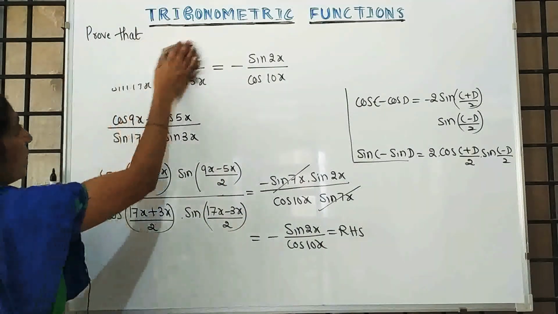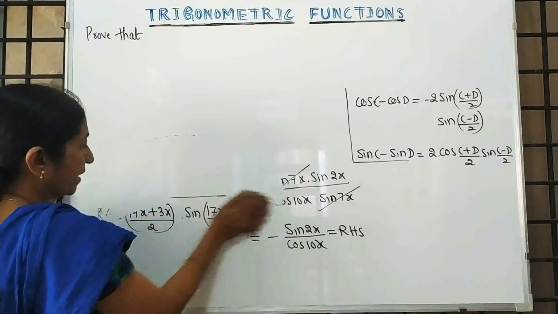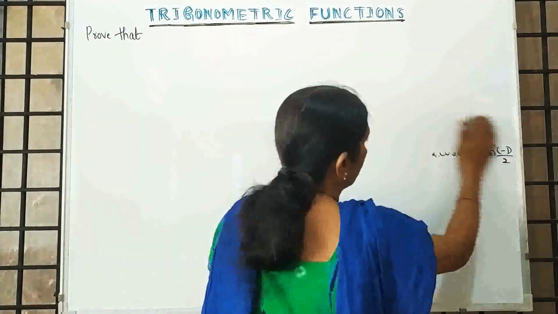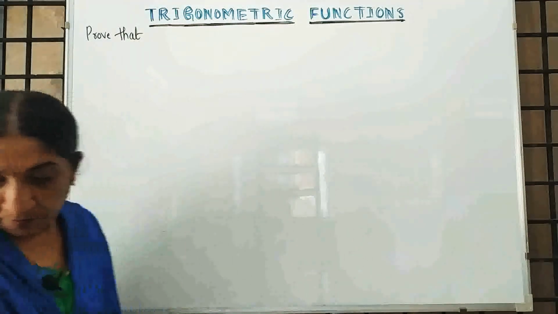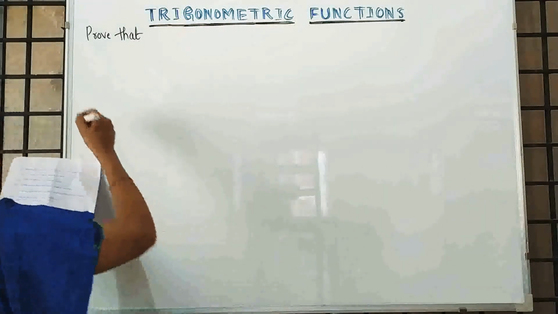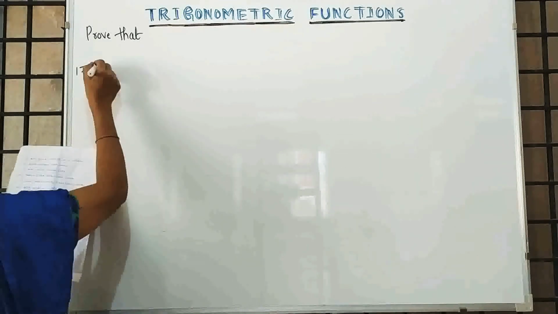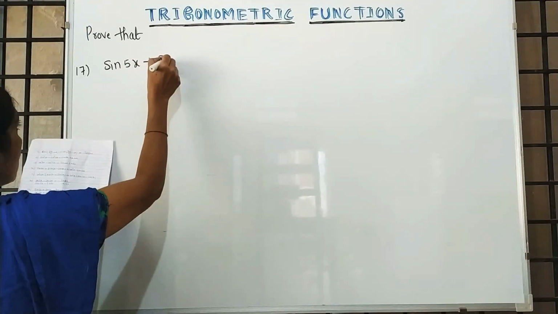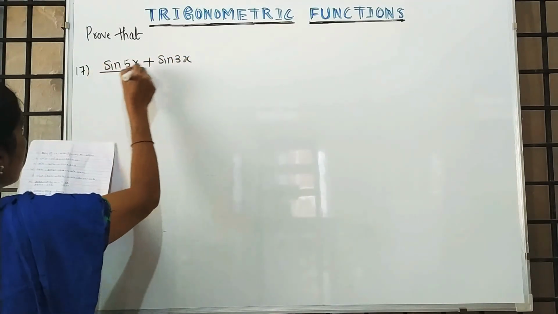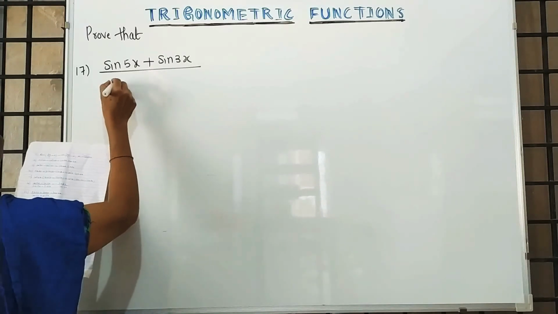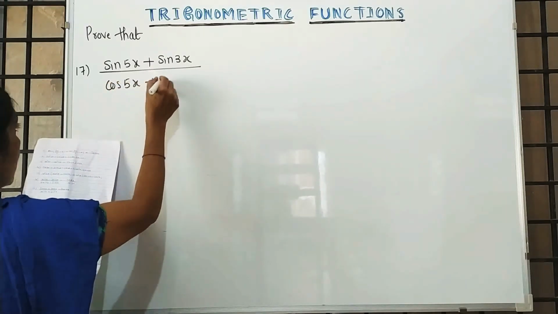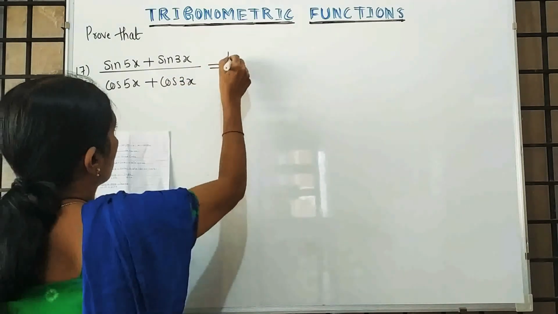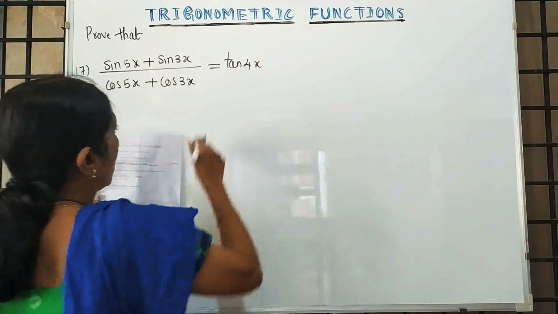Yes. Moving to the next question, that is question number 17. Prove that sin 5x plus sin 3x divided by cos 5x plus cos 3x is equal to tan 4x.